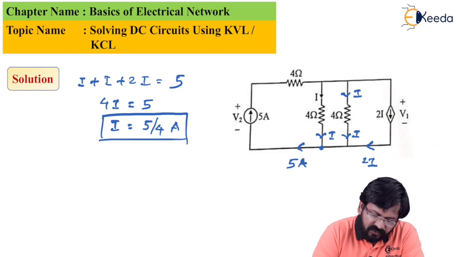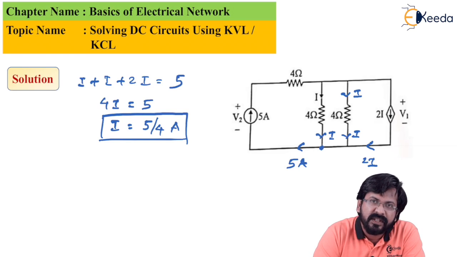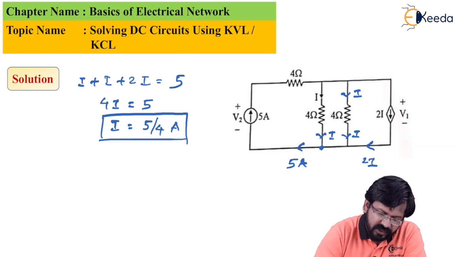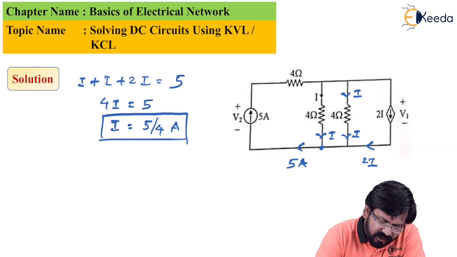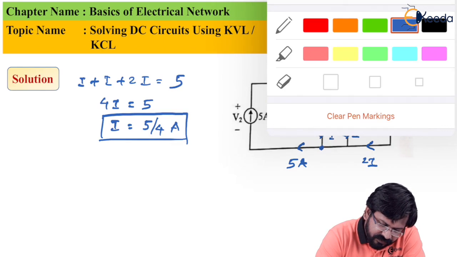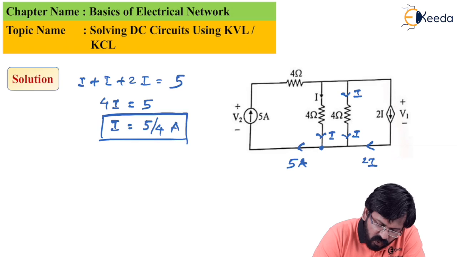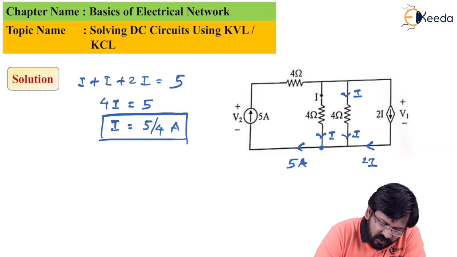As you can see, V1 is the voltage across the dependent source 2I, to which there is another parallel resistance connected, 4 ohms. We know the fact that voltage across a parallel circuit is the same. According to that theory, I can say that voltage V1 will be the voltage across this 4 ohms also.